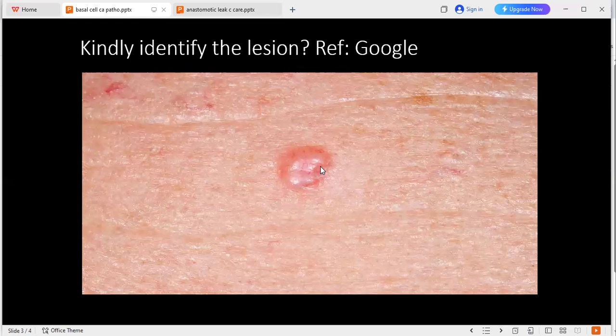Dysplasia means abnormal growth pattern of cells that could be a pre-malignant growth. All right, okay. How would you define the term pre-malignant or malignant?